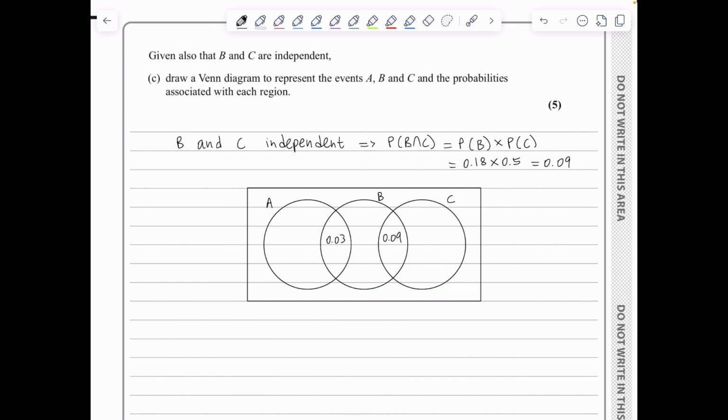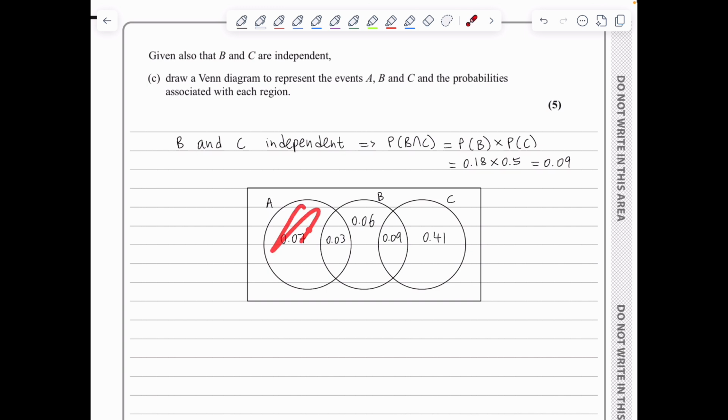Well, we know that the probability of A is 0.1, so the only A region is 0.07, while the probability of C is 0.5, so the only C region is 0.41. Additionally, we have found that the probability of B is 0.18, so if I deduct the 0.09 and the 0.03, I'm left with 0.06 for the only B region.